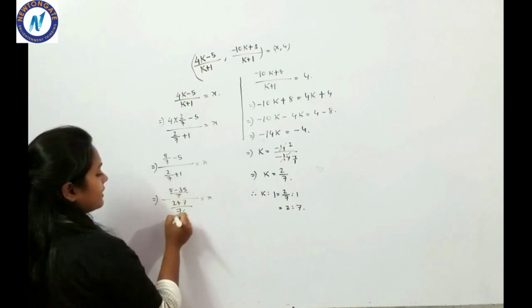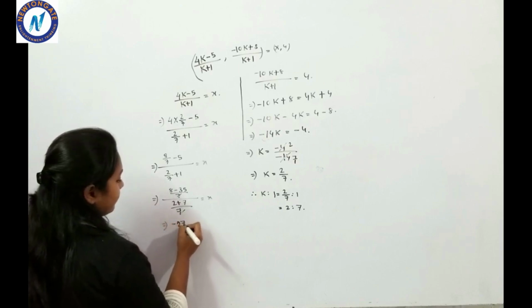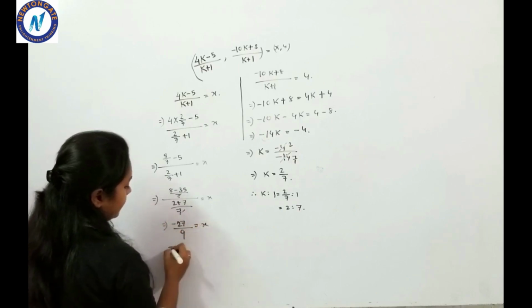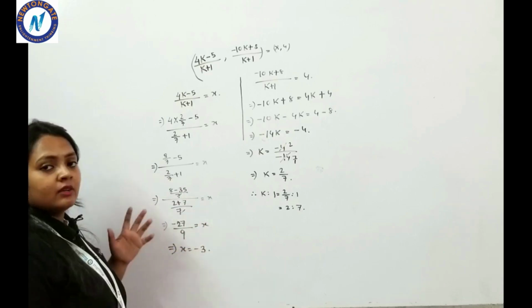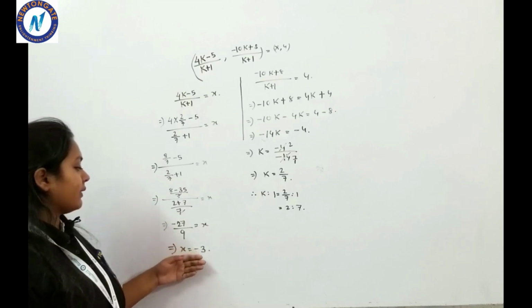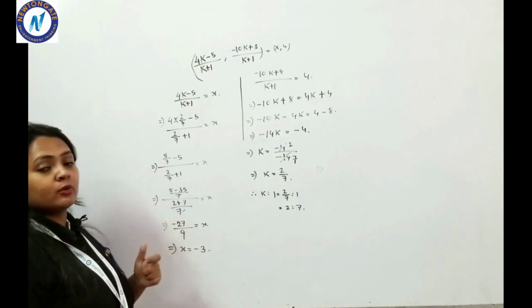Here 7 cancels out. Then we get minus 27 divided by 9 equals x. Then the value of x equals minus 3. This is the full solution of question number 5. And here the value of x equals minus 3 and the ratio is 2:7.